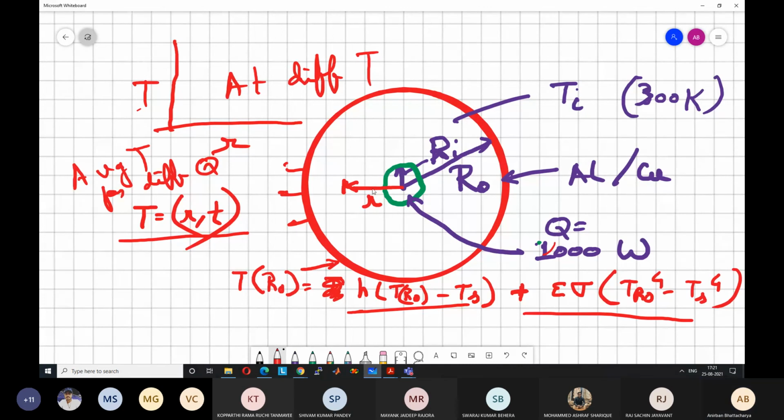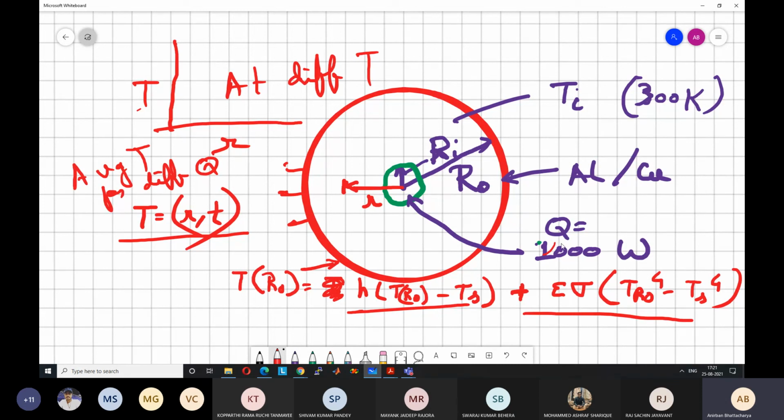Now the 100 watt that you are giving is not a heat flux; it is valid for the entire circular region. You have to divide it into heat flux for each grid point. Say there are 100 or 10 grid points in this circle.